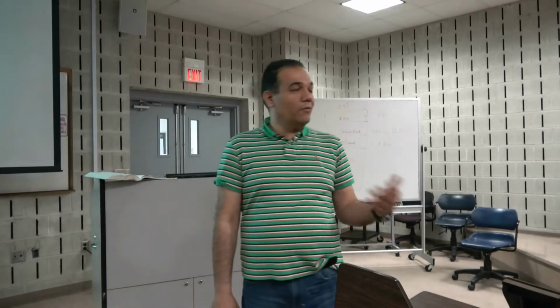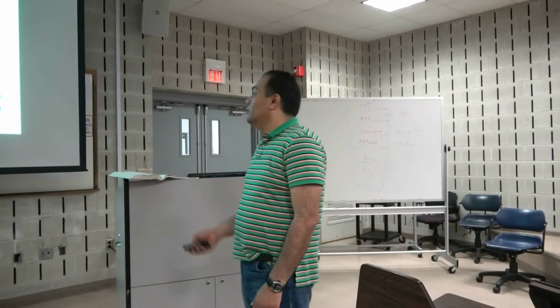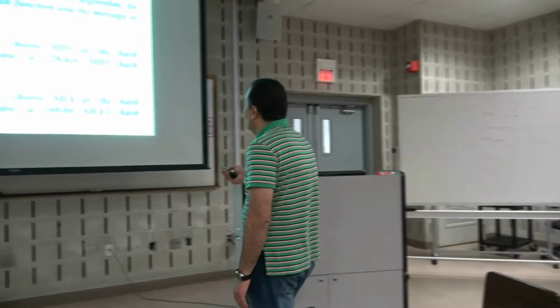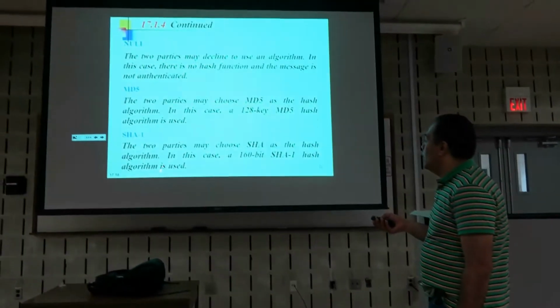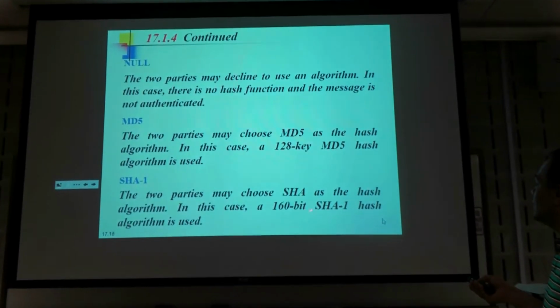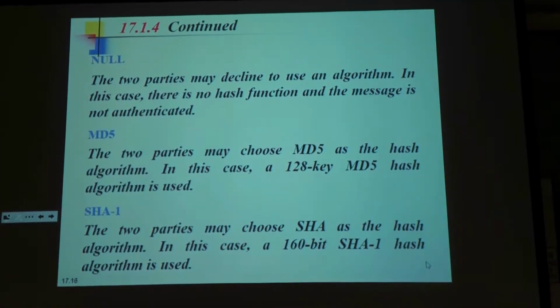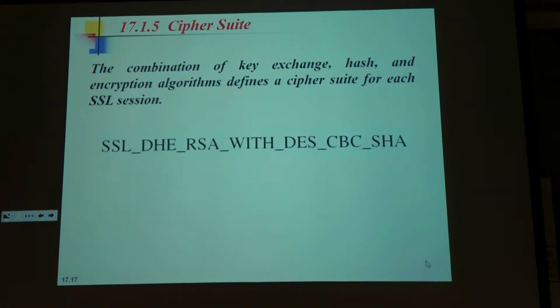Remember what we said when we analyzed these algorithms before, that we should not use a digest less than 512 bits. Also the two parties may choose SHA-1 as the hash algorithm. In this case, the 160-bit SHA-1 hash algorithm is used. So there are two options.